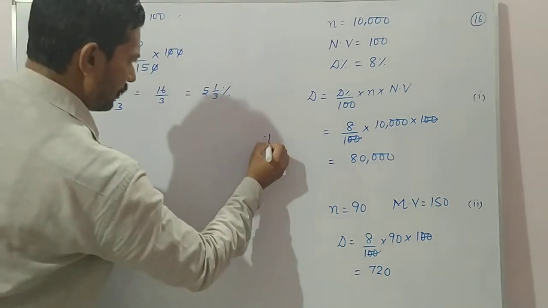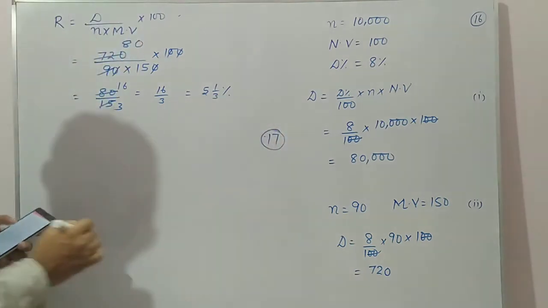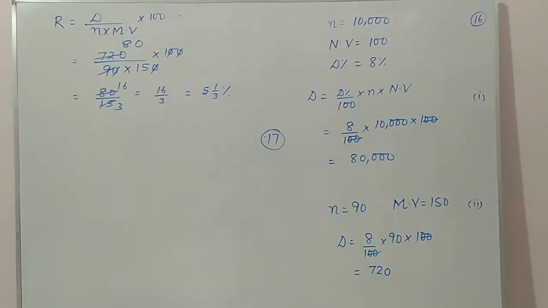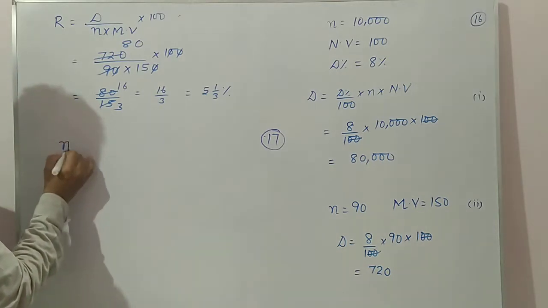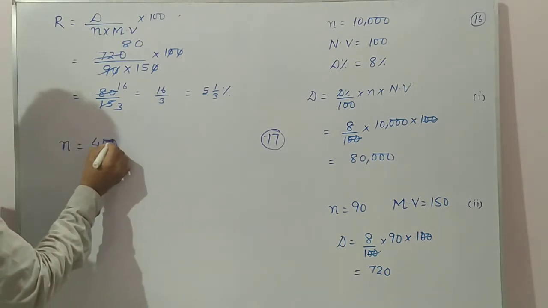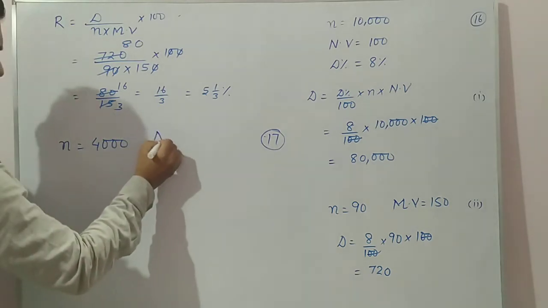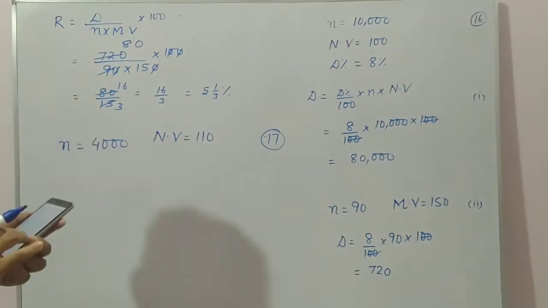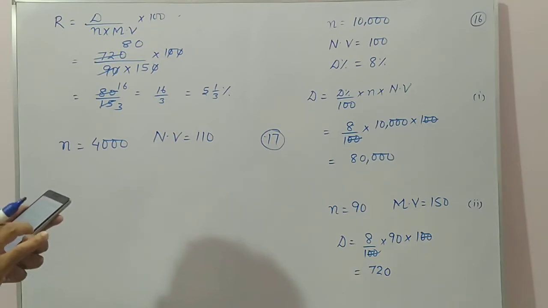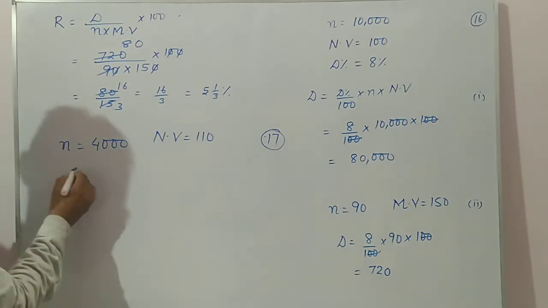Next, question number 17. Now in question number 17, it is given that a company with 4,000 shares of nominal value 110, the number of shares of the company is 4,000, the nominal value of the shares is 110, declares an annual dividend of 15%.